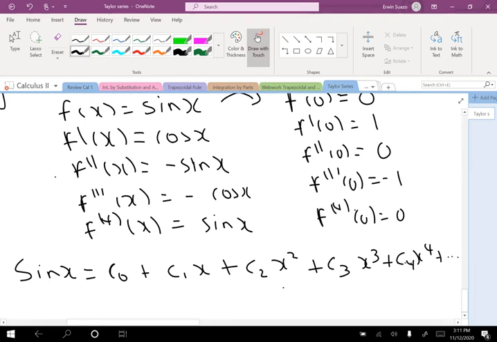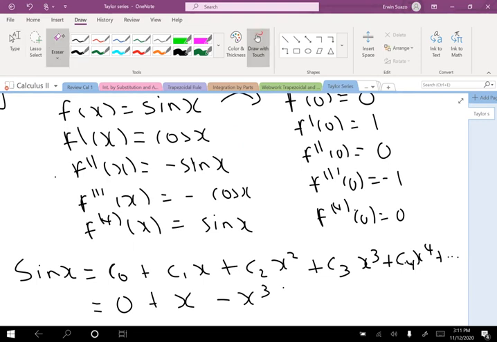And so on. So C0 is f of 0, right? Plus C1 x, so I got x. C2 is 0. Oh, sorry, I'm making another mistake now.